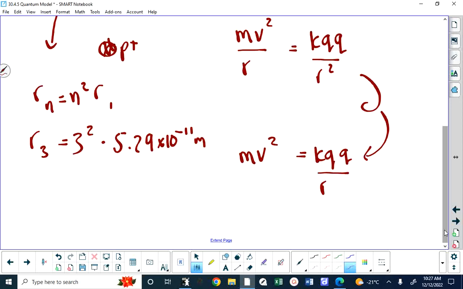Life is hard enough. So what we need to do is take this, put it in here for R, calculate kQq over R, solve for v, divide by the mass and take the square root. And just so you know, the problems you're going to be practicing today are all these alpha scattering problems and this kind of question.